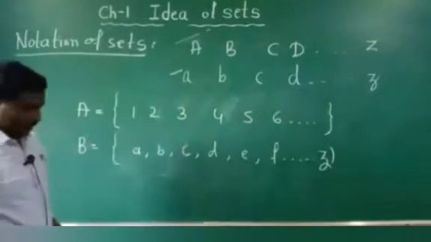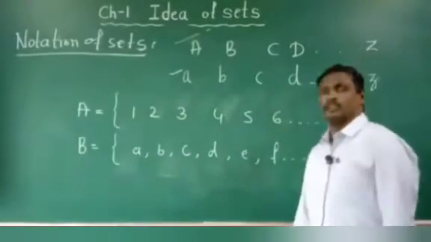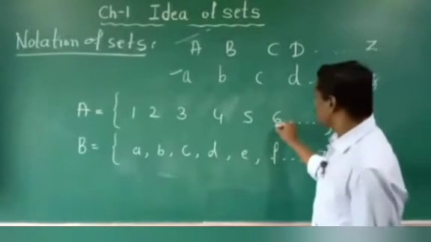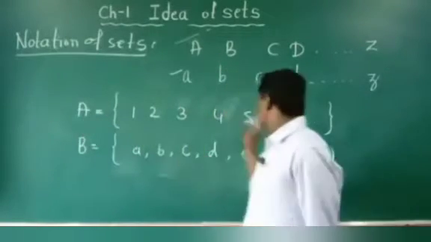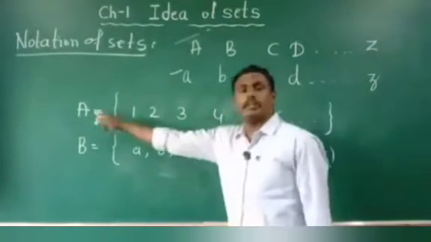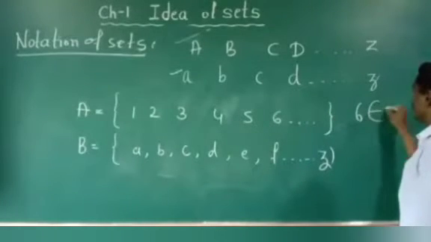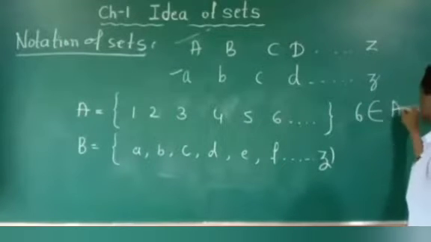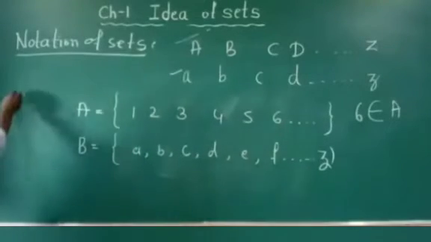Here I will take one more concept, belonging and not belonging. 6, here you are observing, is one of the elements of set A. 6 belongs to the set A. Here we are using two symbols. The first one is belonging.